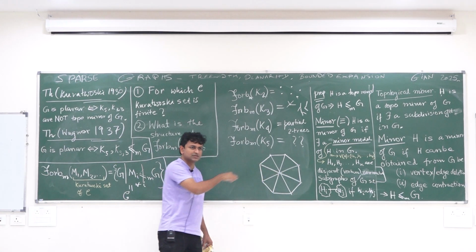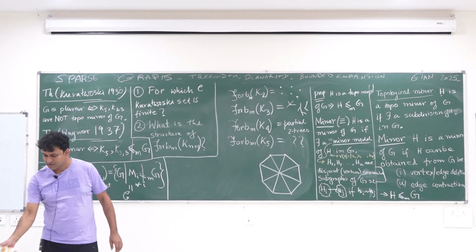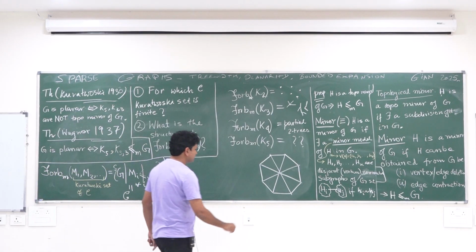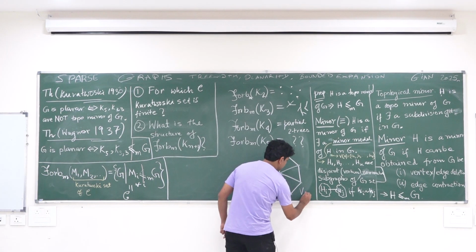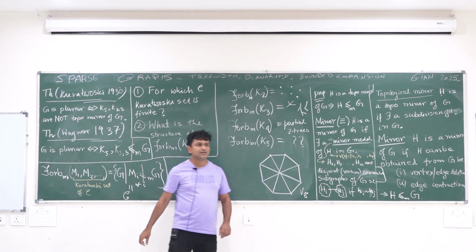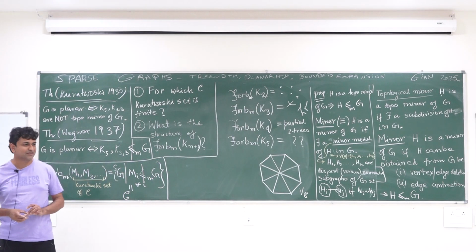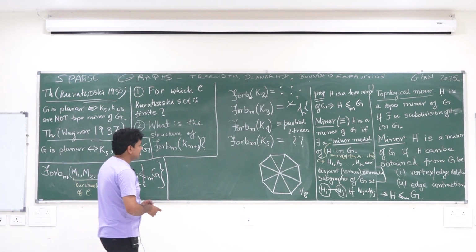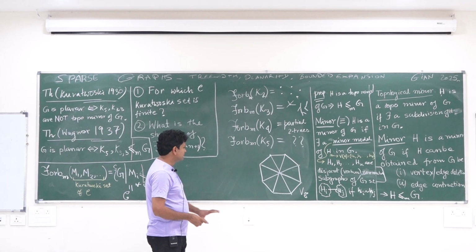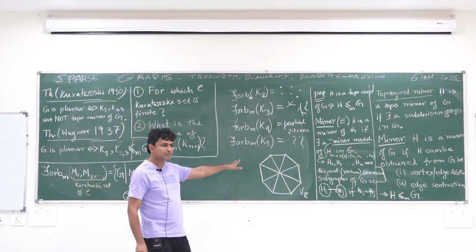It's not a vertex, it's just edges overlap. So this graph is called the Wagner graph, V8. So this graph is not planar.